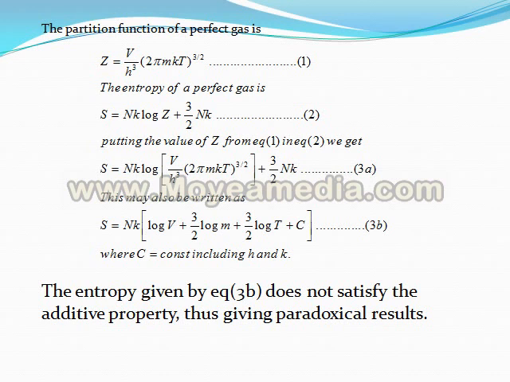This is equation 3b. In this equation, the C represents a constant which includes h and k. The entropy given by this equation 3b does not satisfy the additive property, thus gives paradoxical results.